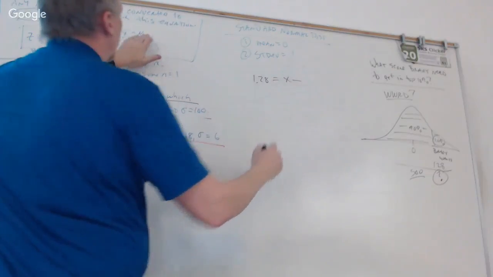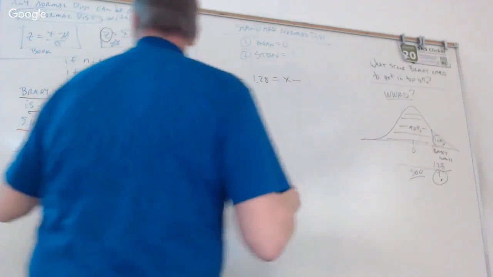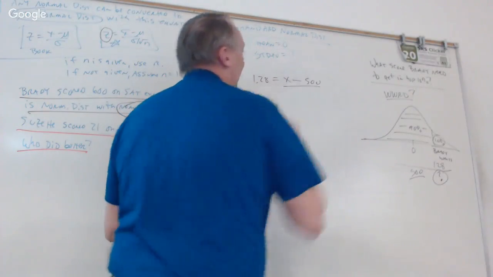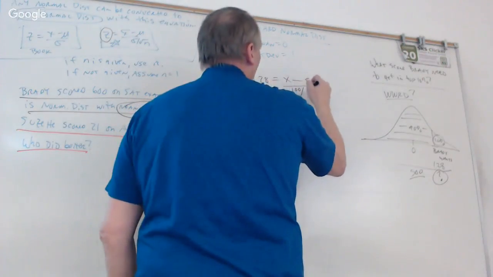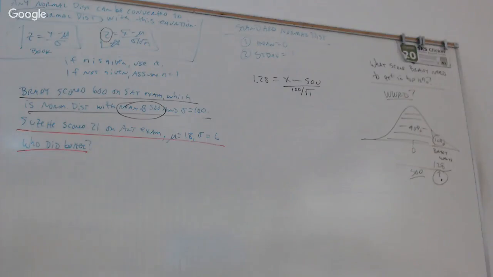Mu, we're doing the SAT exam, so 500. Divided by 100 over the square root of 1, because there's only one Brady.